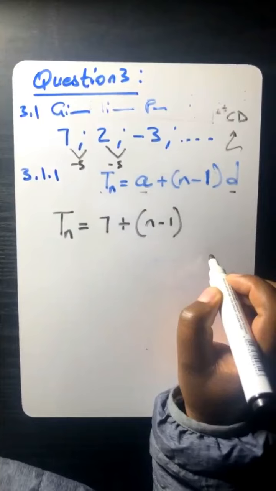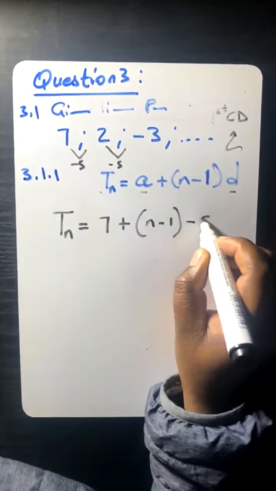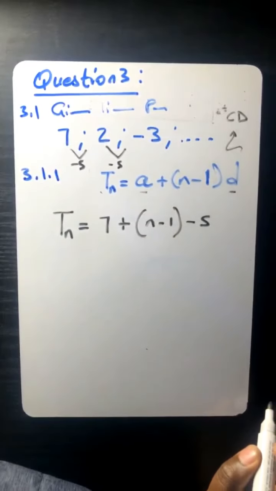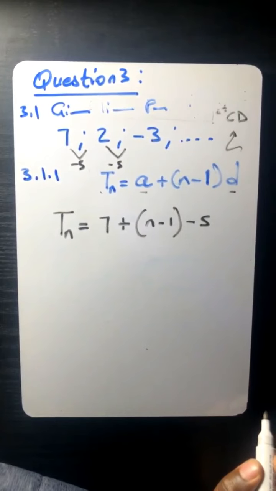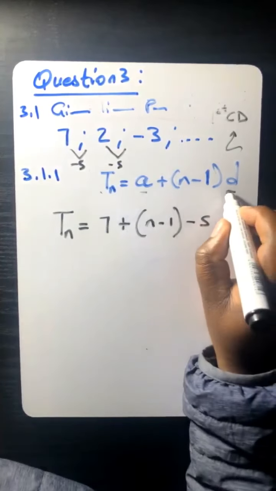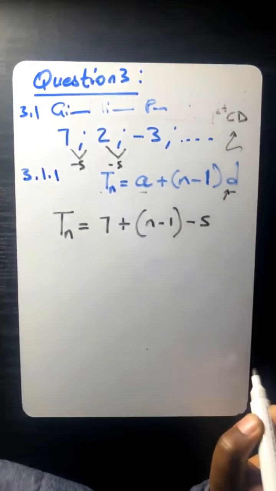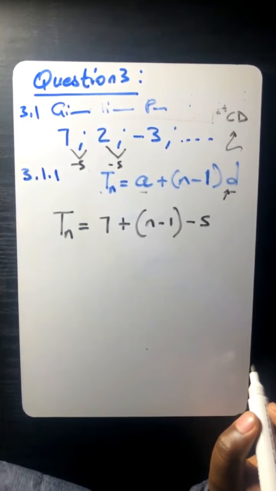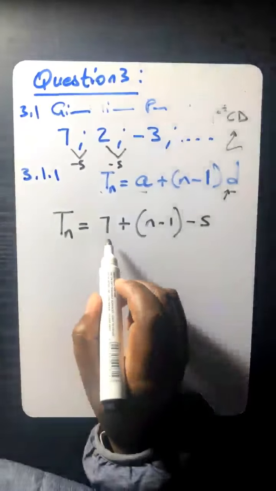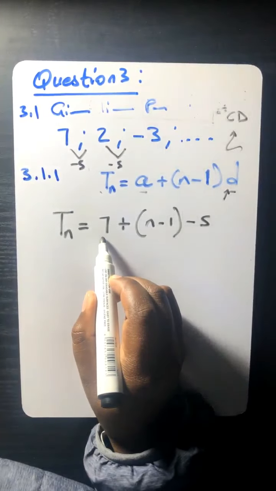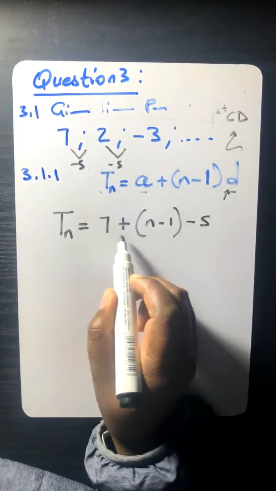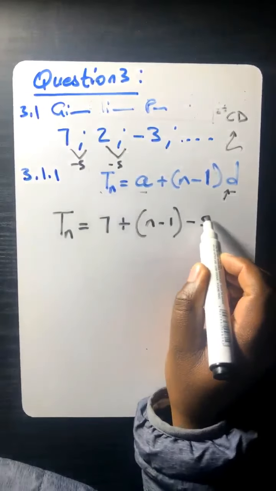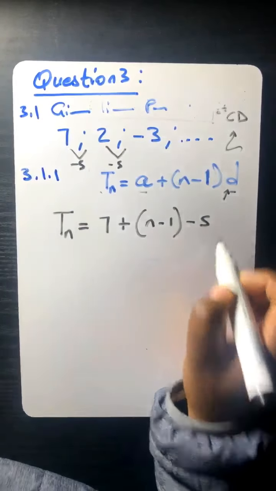Our d, ladies and gentlemen, someone is going to say it's -5. This is completely wrong. In your mind you are substituting -5 there, but it's wrong, guys. You don't substitute it in that way, because it's now more like 7 plus n minus 1 into -5, but in your mind you are saying minus 5.